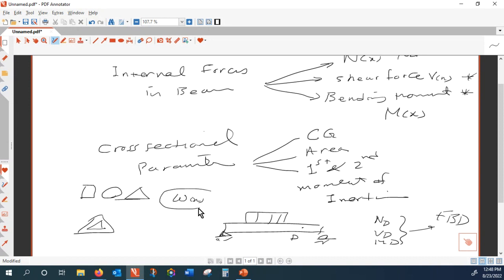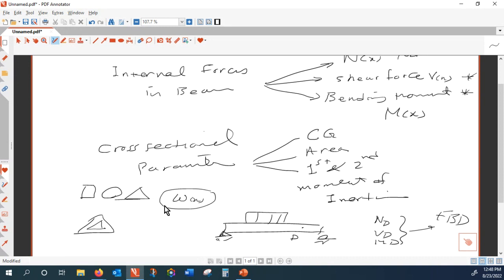Do you remember what W of X is? I mean the definition. What is W of X? Toby, do you remember? Intensity of load. Yeah. What is the unit? Newton per meter. Yeah.